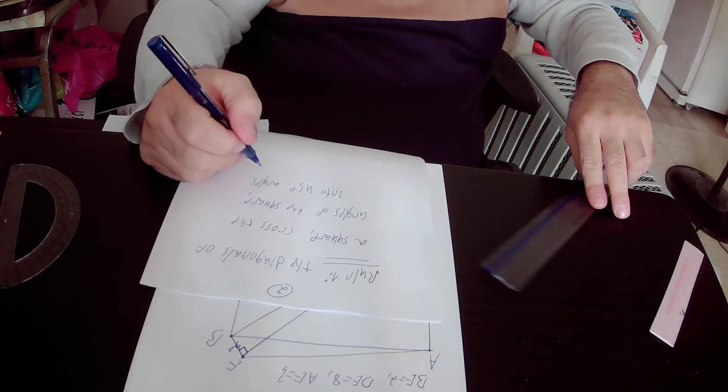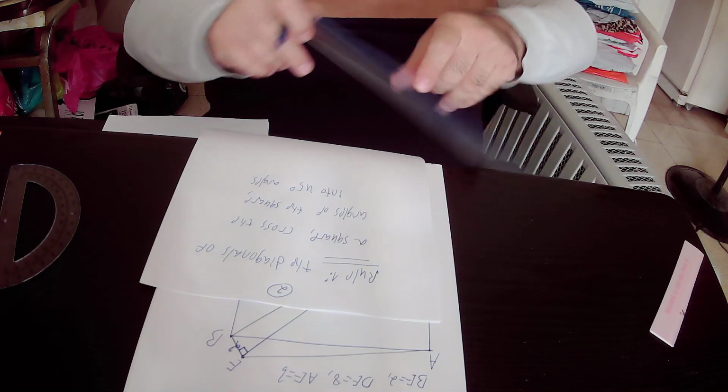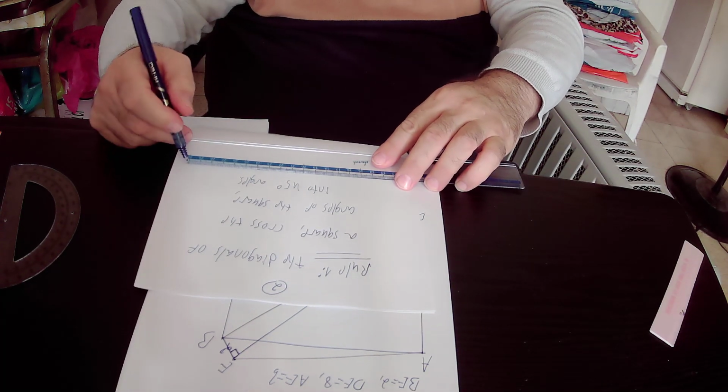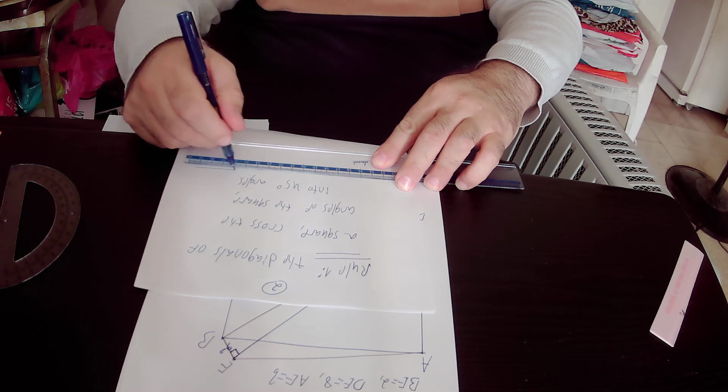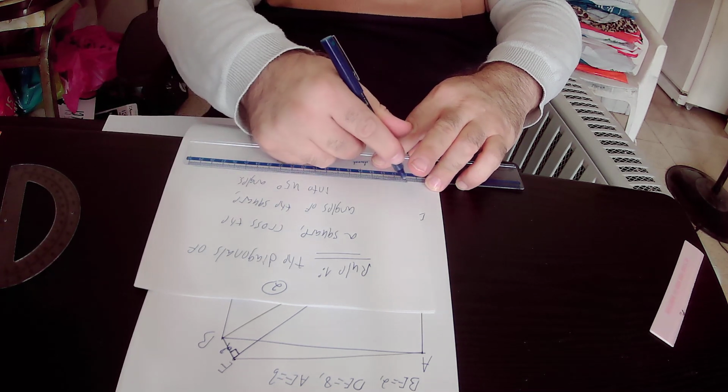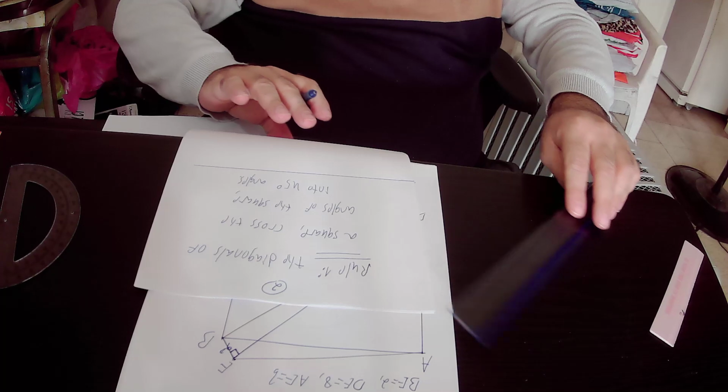So according to rule number 1, the diagonals of a square cross the angles of the square into 45 degrees angles.